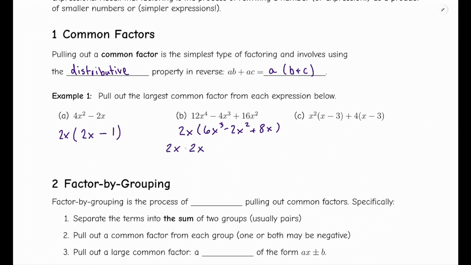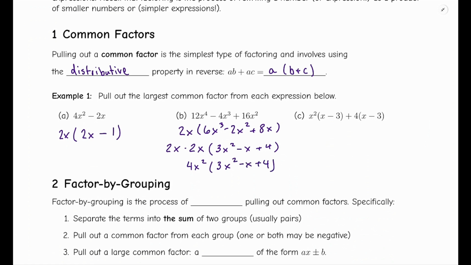What's going to happen is we need to multiply those together, and then we're left with 3x squared minus x plus 4. Now 3x squared minus x plus 4 have nothing else left in common, so I just have to go 2x times 2x is 4x squared. And then we get 3x squared minus x plus 4.